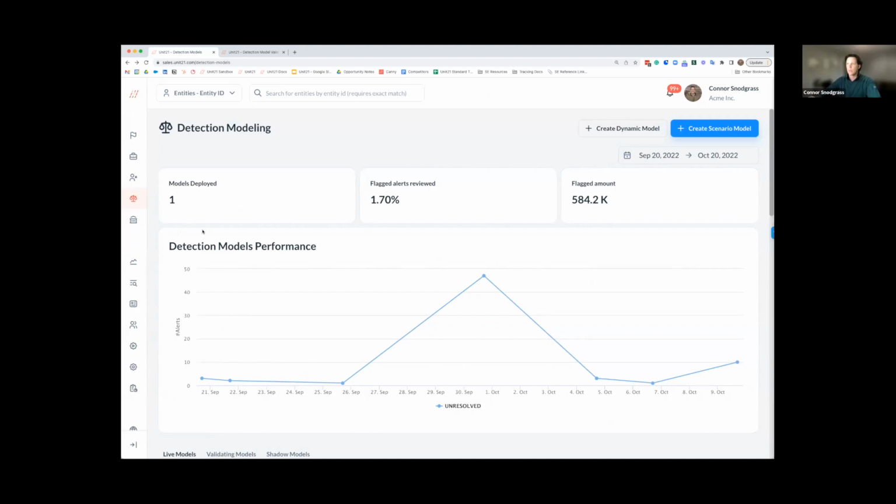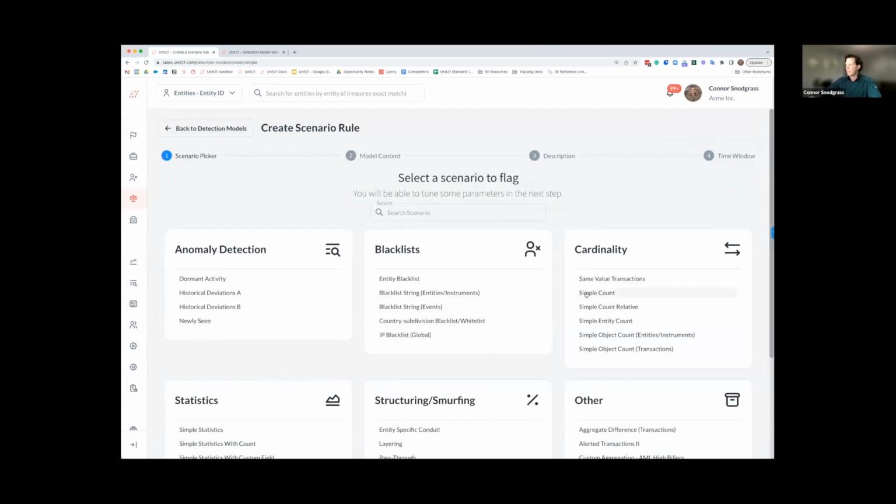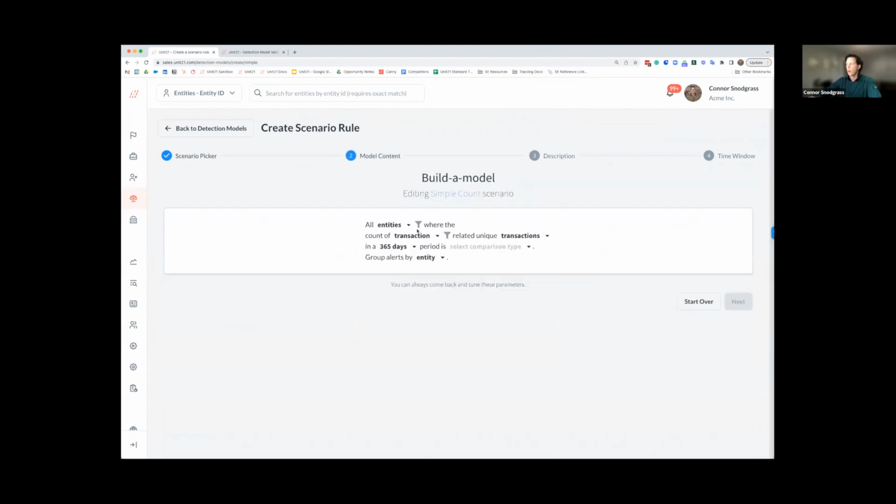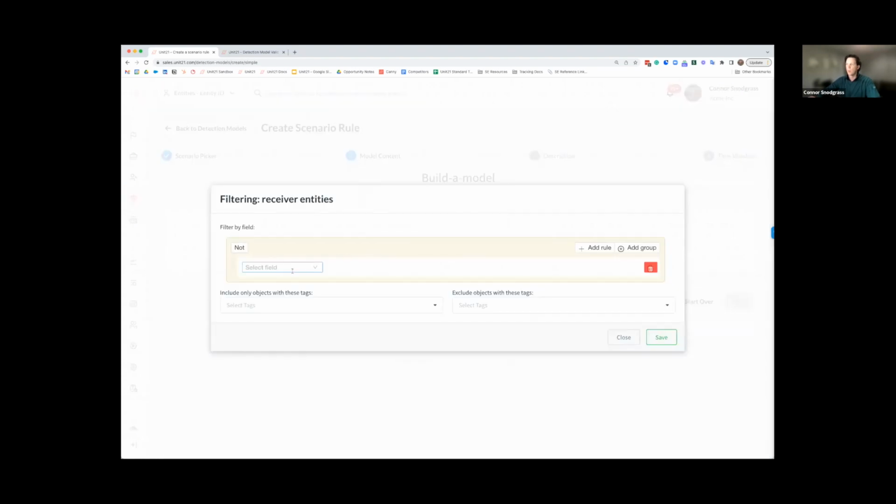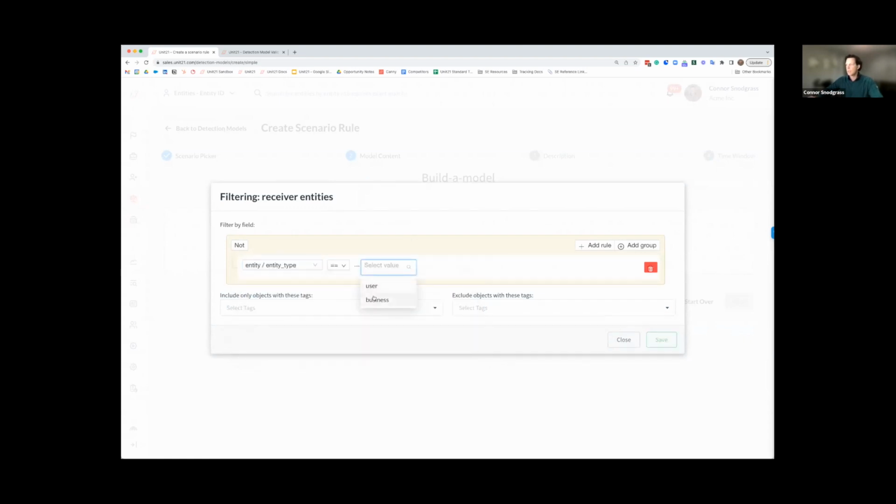Yeah, absolutely. So the first demo is going to be that card testing scenario, where we want to look for specific types of entities. We want to look for entities who are on the receiving end of transactions. We might also want to do some filtering and only look at entities that are businesses rather than individuals.